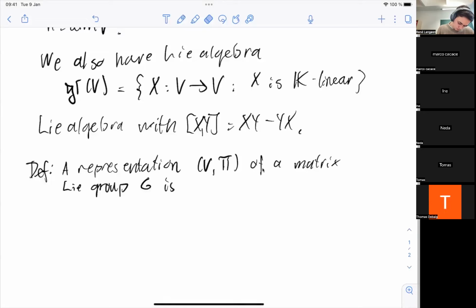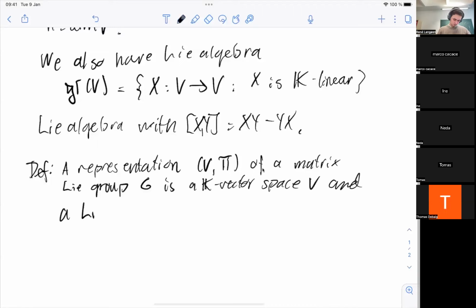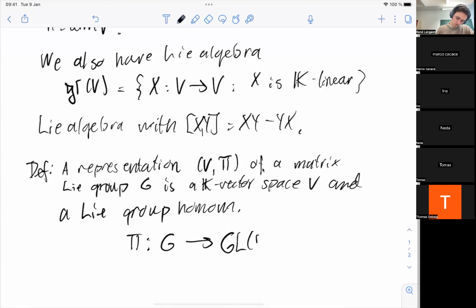So a representation of a matrix Lie group G is a K vector space V and a Lie group homomorphism pi going from G into GL(V).